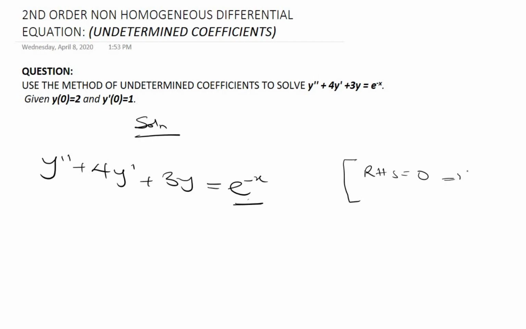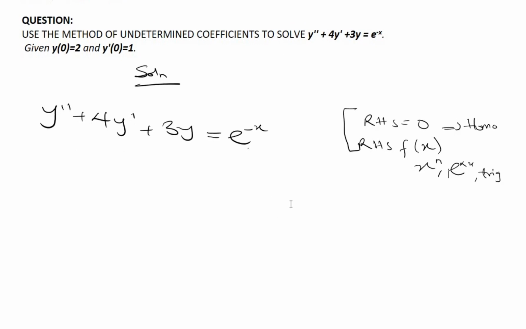But for non-homogeneous, the right hand side will be a function of x. That means it can be a polynomial, x power n, it can be exponential, it can be a trigonometric function, and all those sorts of things. Whatever you have at the right hand side of your equation, it has a different method of solving it. So here we have an exponential function, and we will come to the solution.